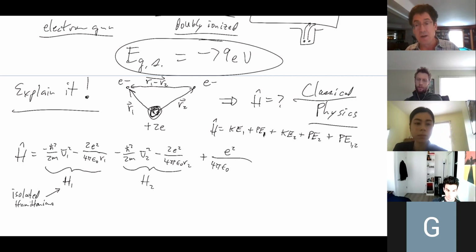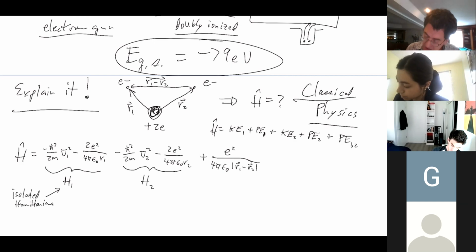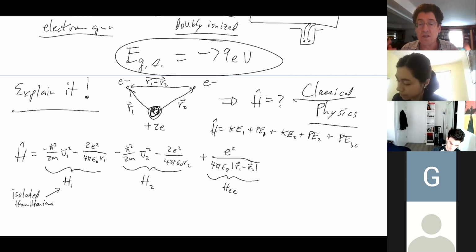What goes in the denominator? R1 minus R2. Exactly. The distance between R1 and R2. I'll call this the electron-electron interaction term, HEE.